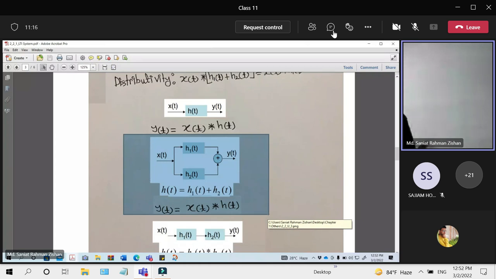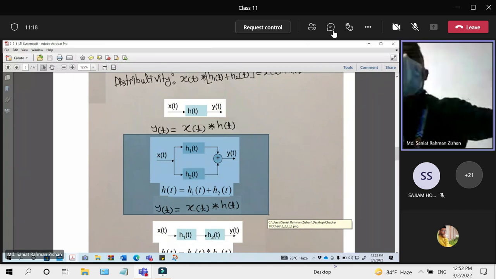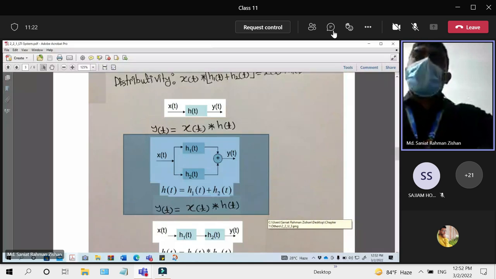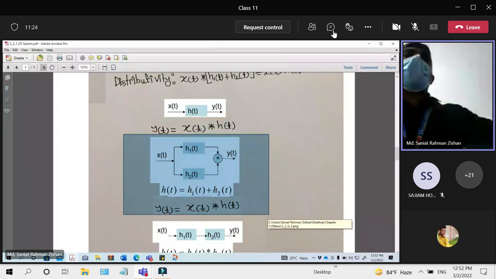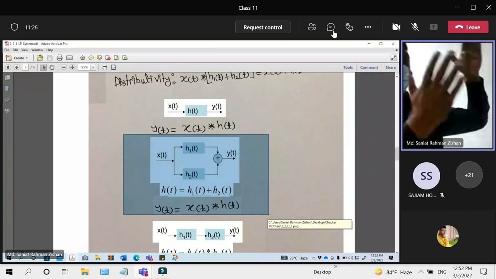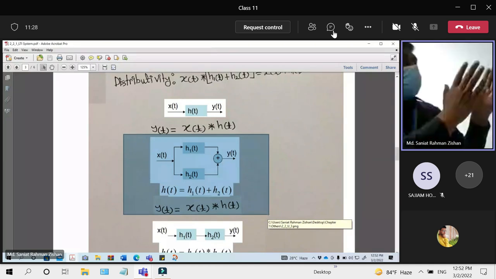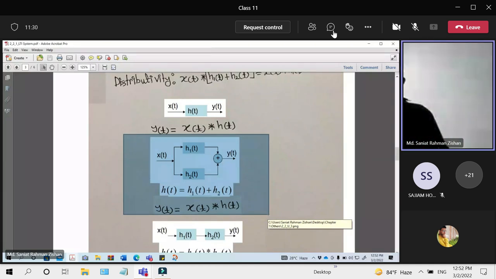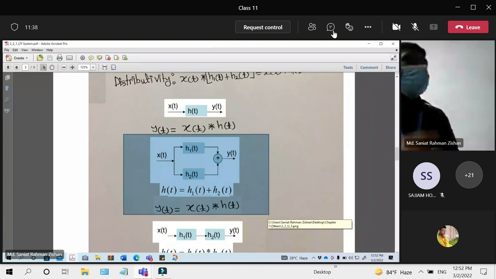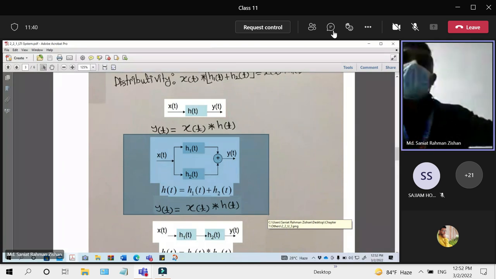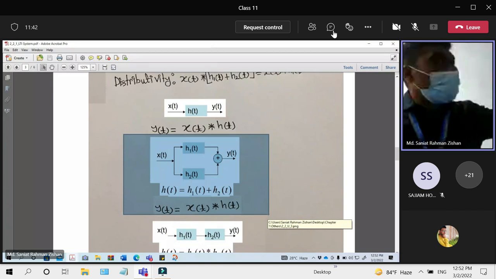It means that two LTI systems are connected. h1(t) represents one system, h2(t) represents another system, and these two are added. So what will h(t) be? h(t) is the total system response. As there are two systems, there should be a combined response. This combined response is called h(t). How do we calculate h(t)?